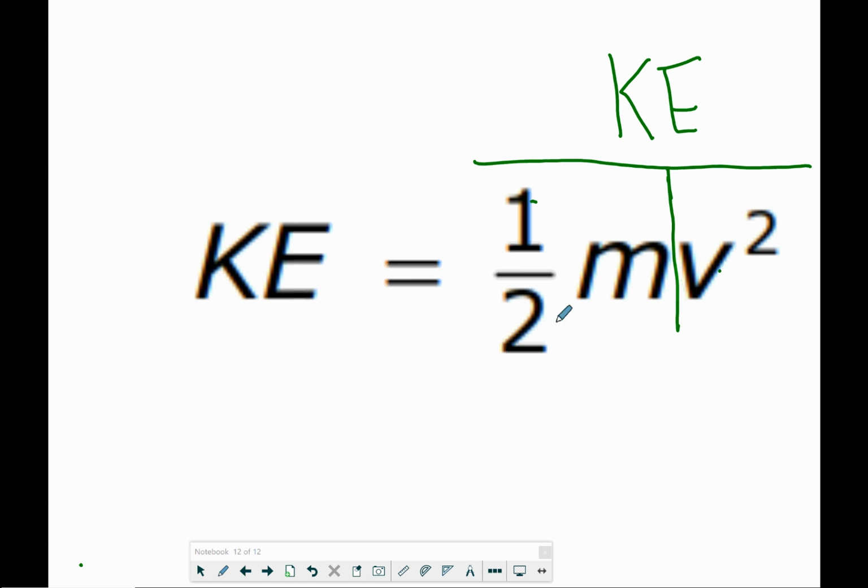I don't like fractions, so I go with 0.5 of the mass. Okay, times, you're going to take the velocity and square it. So if velocity is 5, you're going to say 5 times 5 is 25. If the mass is 100, you're going to say 50, right? So again, don't stress out what the letters mean. Just know how to put the T in.